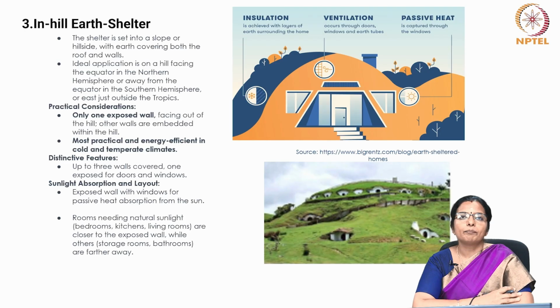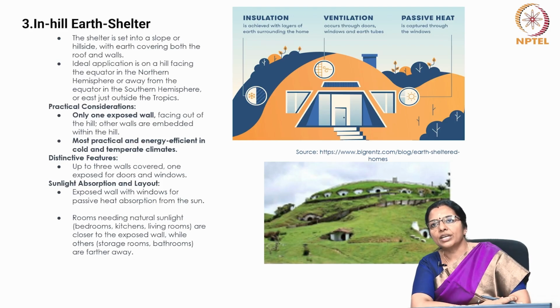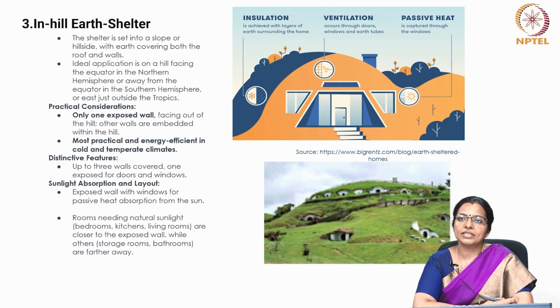Then we have the in-hill earth shelter. The shelter is set onto a slope or hillside with earth covering both the roof and the walls. Ideal application is on a hill facing the equator in the northern hemisphere, or away from the equator in the southern hemisphere, or east just outside the tropics.